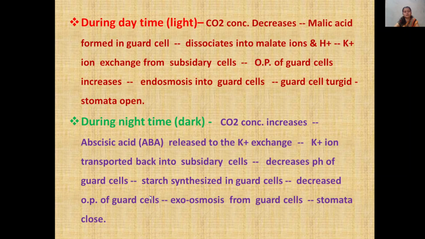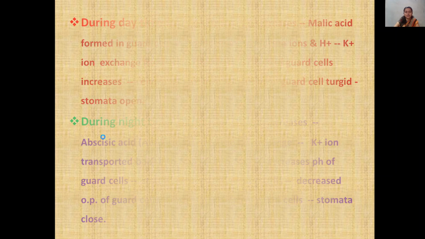Then the pH of guard cells decreases, then starch is synthesized in guard cells, then osmotic pressure of guard cells decreases, then exosmosis from guard cells. Means guard cells get shrunken and then stomata are closed. These processes also occur at night time. Next slide.